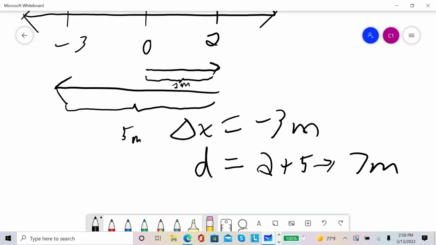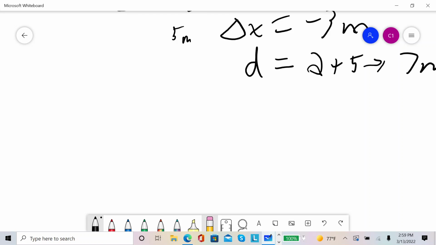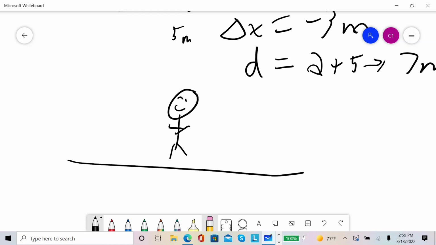Now, to clarify this concept, let's take a new example here. Let's say we have Jimmy. And Jimmy, we're going to be using the same number axis. It's going to be going from 0 to -1. So x equals 0 to x equals -1.